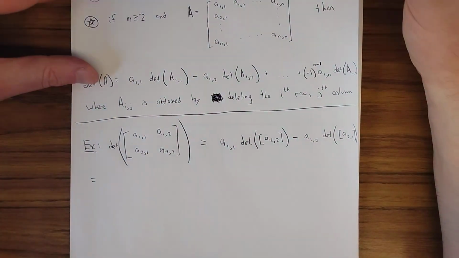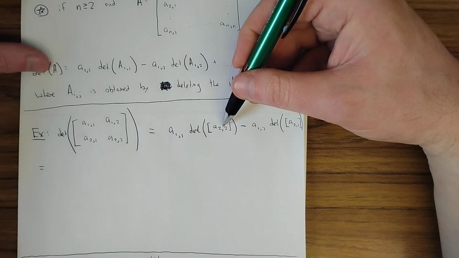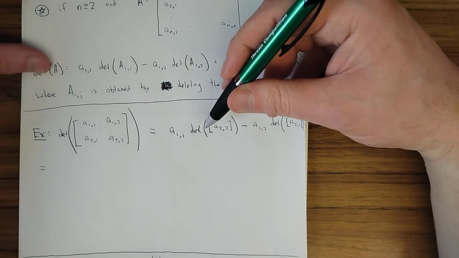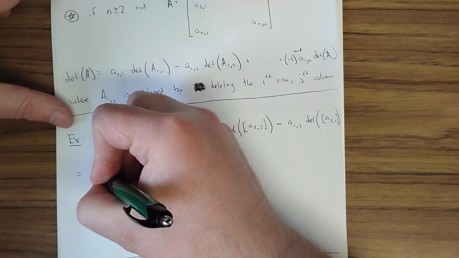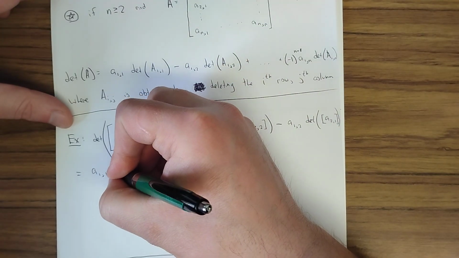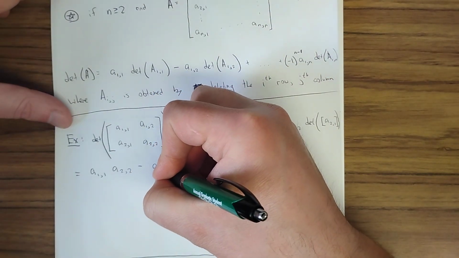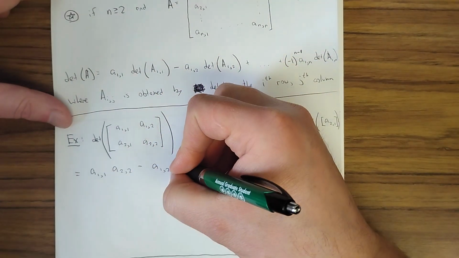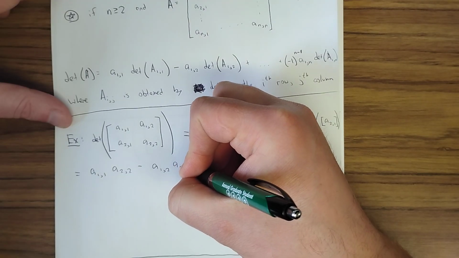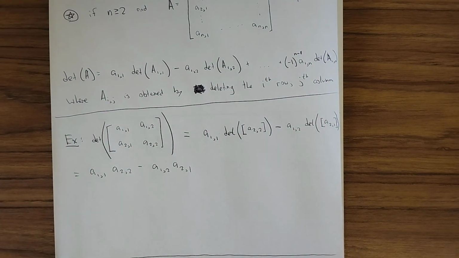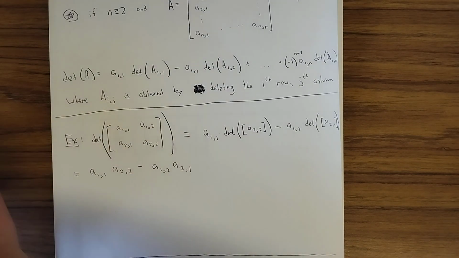And I'm going slow. Of course, the determinant of a 1 by 1 matrix is just the number inside. So we get that. This is worth remembering for 2x2 matrices. In practice, we're going to do a lot of examples that are just 2x2s and 3x3s.